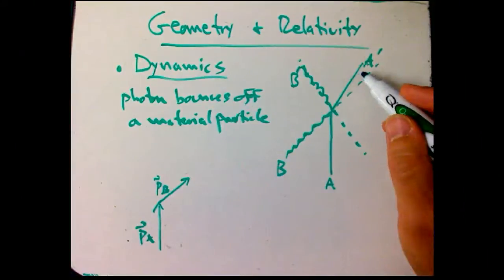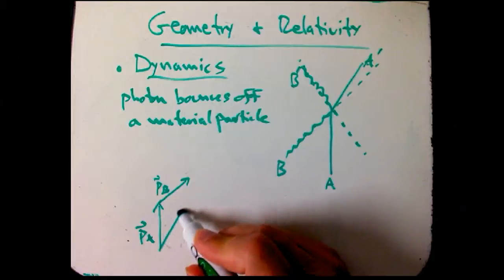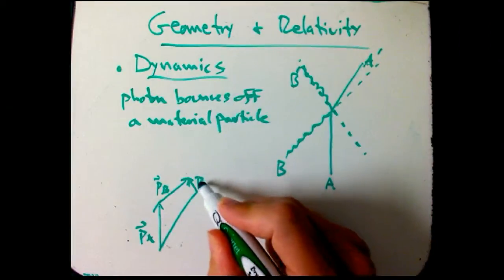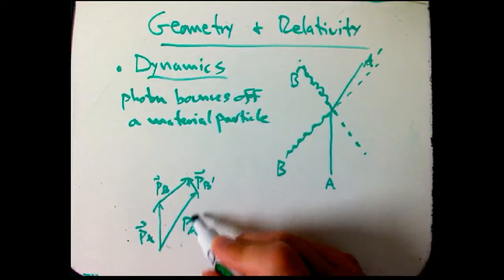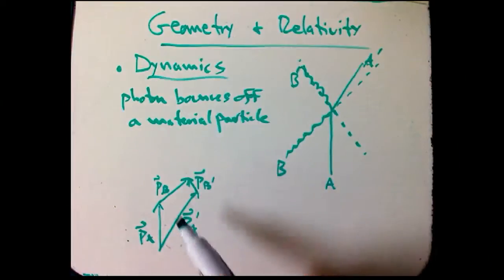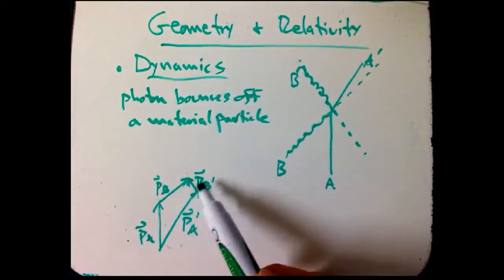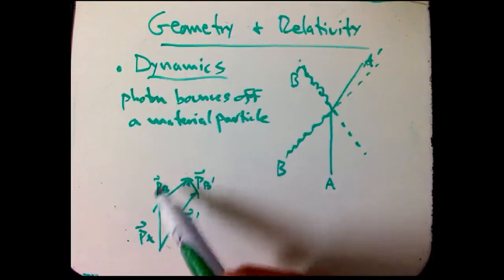Then PA prime is going to be like this, and then there's got to be a null vector here, PB prime, and then here's PA prime. Okay, and one thing you notice here is that the two photon momenta, the way I drew it, happen to be not only opposite in direction but unequal in magnitude.